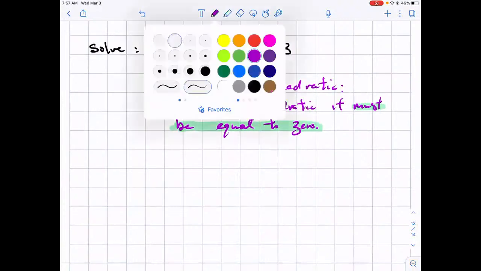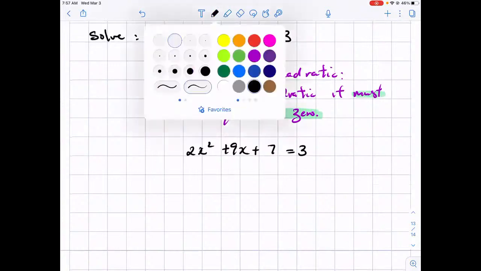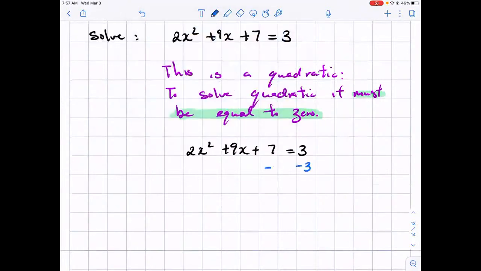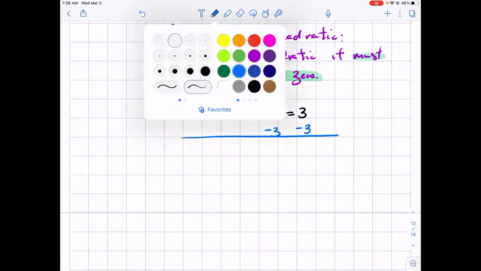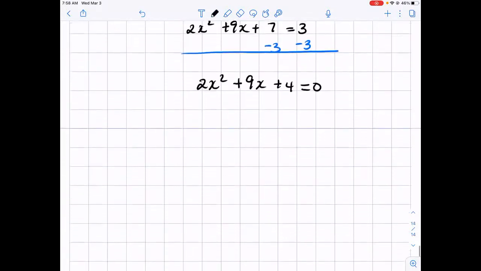So in our problem, we have 2x squared plus 9x plus 7 equals 3. The first thing we're going to do is minus 3 on both sides. And if we do this, we end up with 2x squared plus 9x plus 4 is equal to 0. And now we will try to factor.